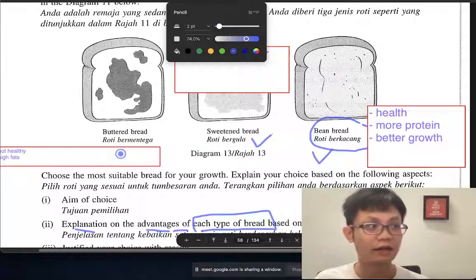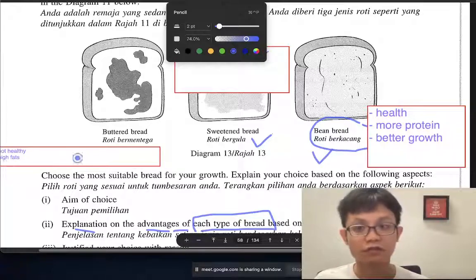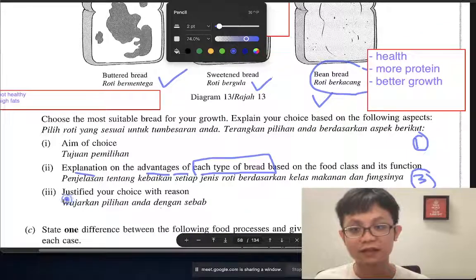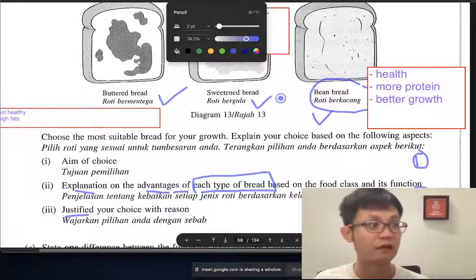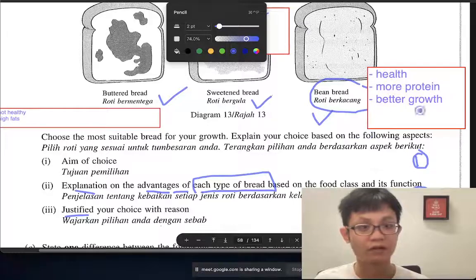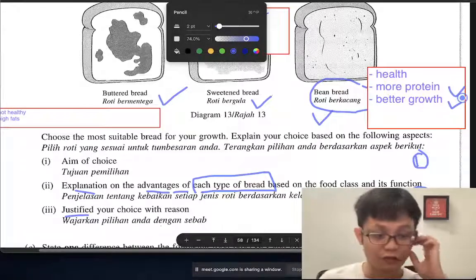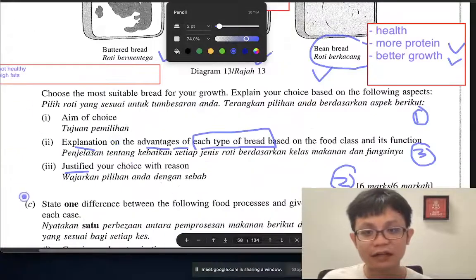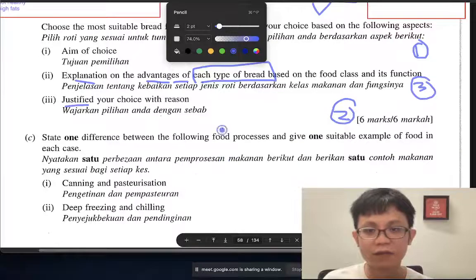And the butter bread also has a lot of fats which can produce energy. Justify your reason. So again, the conclusion is to choose bean bread because it has more protein and can enhance growth. I think this question is easy, and students can easily get full marks for this one.